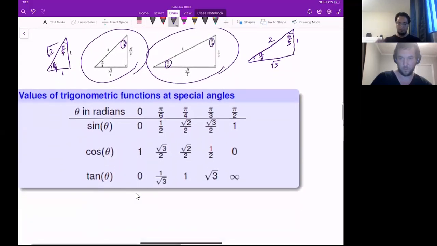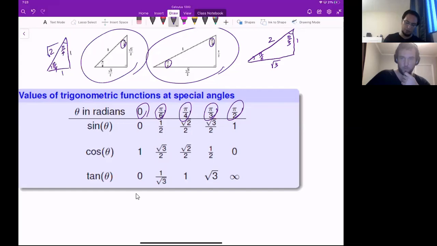So these are the basic values for these special angles. 0, pi over 6, just to keep in mind that pi over 6 is 30 degrees, pi over 4 is 45, pi over 3 is 60, and pi over 2 is 90 degrees. So for those ones, we have sine.